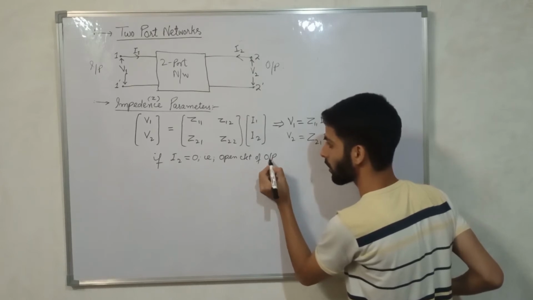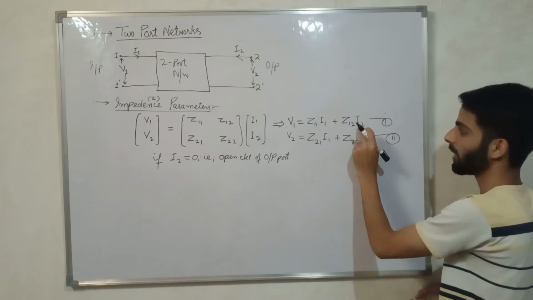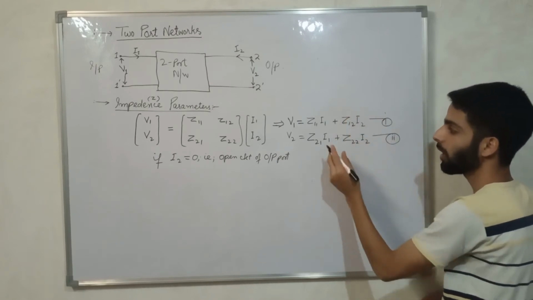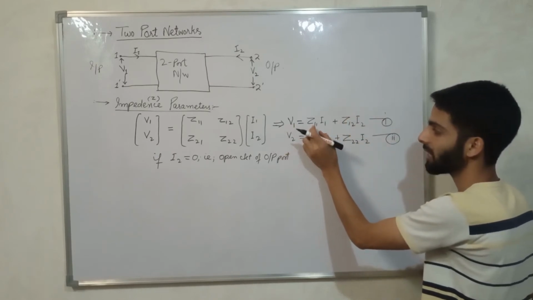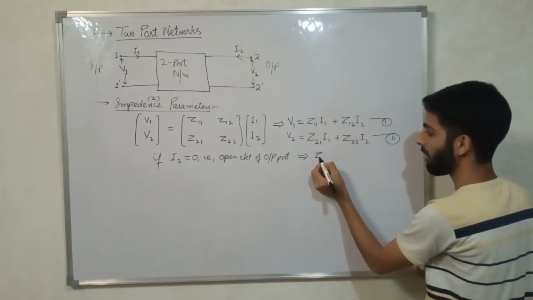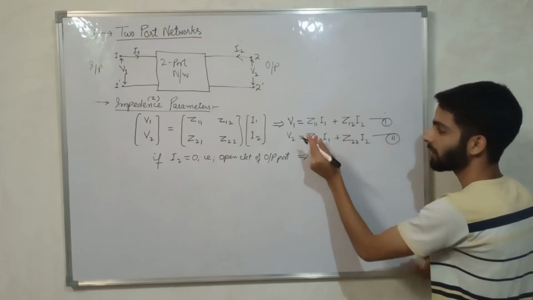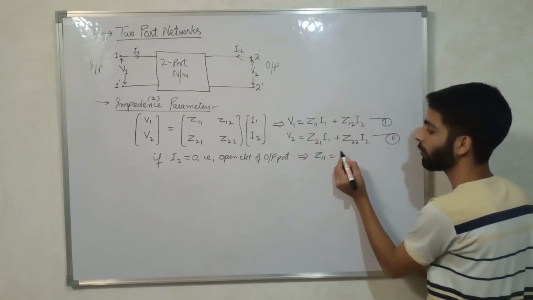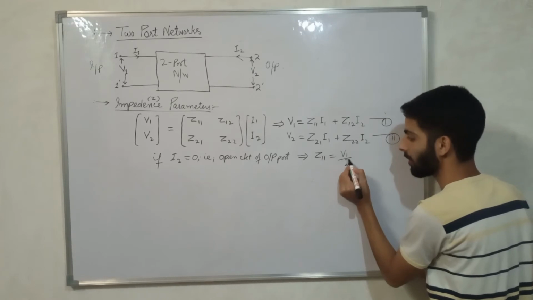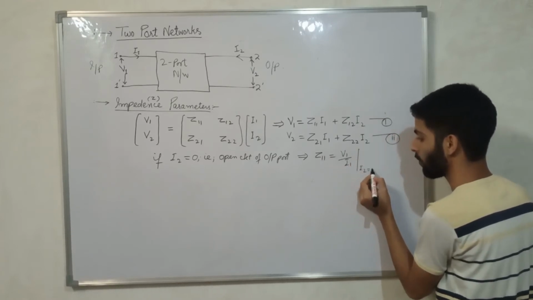If I2 equal to 0, then Z12 I2 will be equal to 0. What will be there? V1 is equal to Z11 I1. This implies Z11 will be equal to V1 upon I1 with I2 equal to 0.